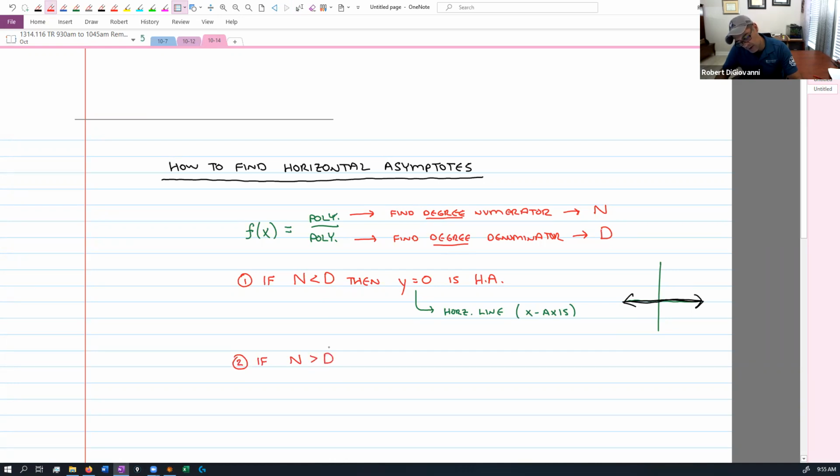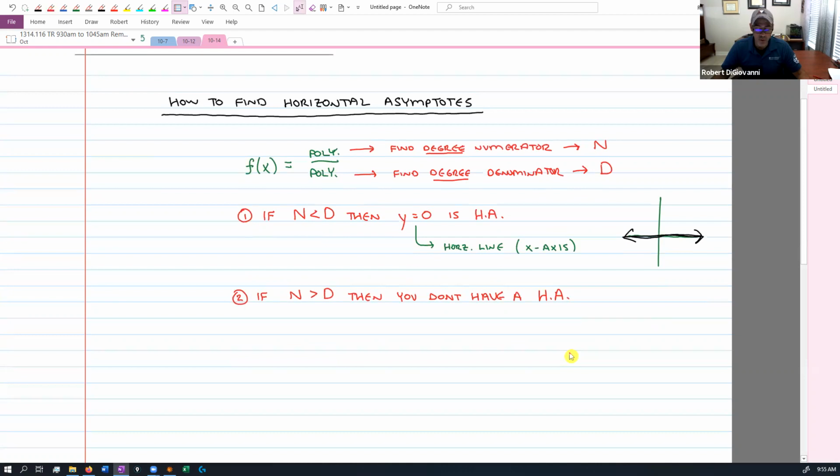If the numerator is greater than the denominator in degree, then you don't have a horizontal asymptote. Which means that your graph never flattens out. Your graph does not get pulled towards a magnet.